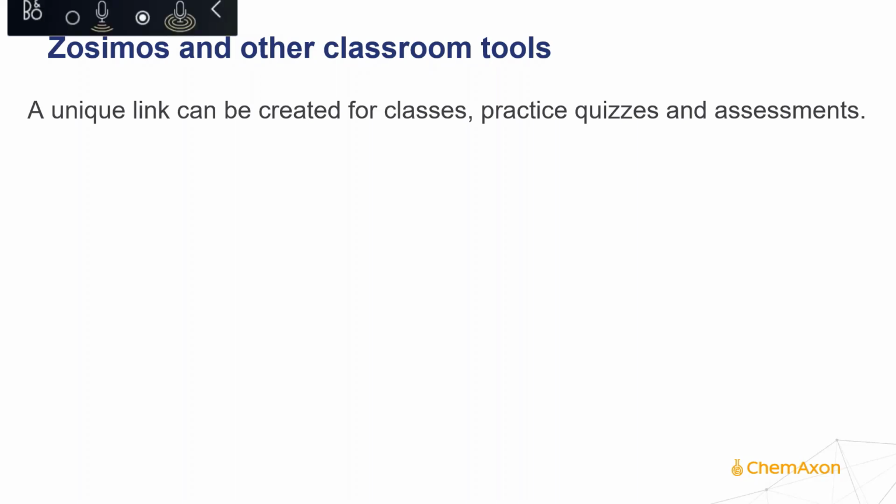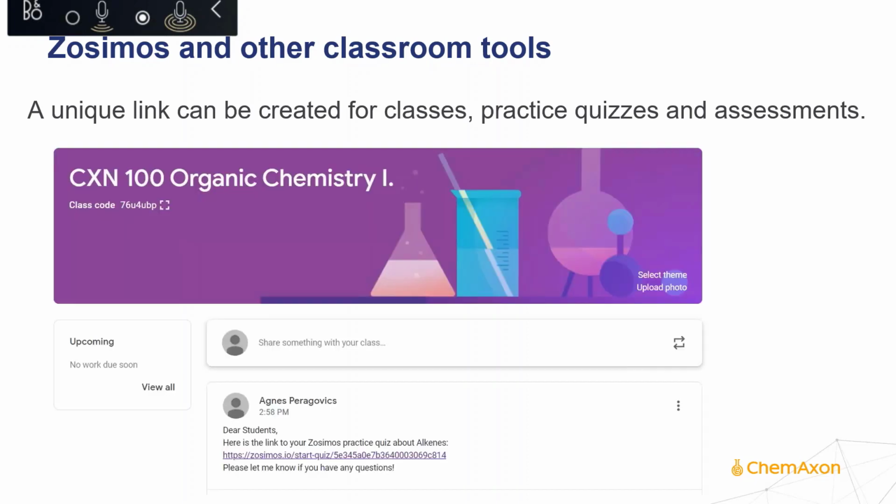And basically this unique link can be embedded into any kind of learning material, into any kind of communication you use with your students. So for example, here in the demo, I was using email communication with my students, and I just sent the links over to Erica so that she can complete my quizzes.